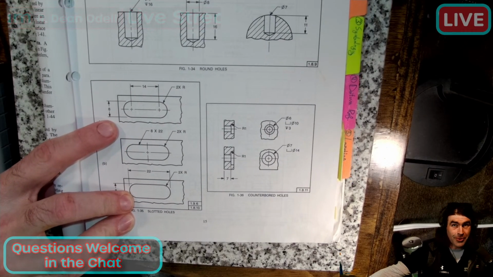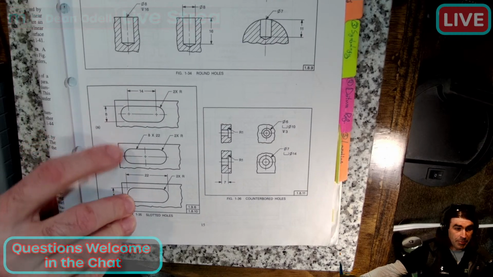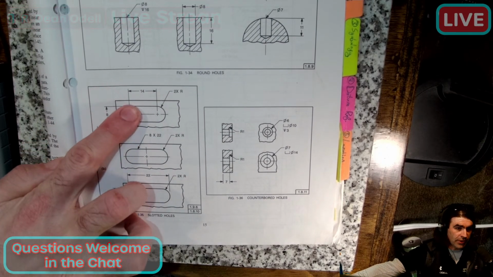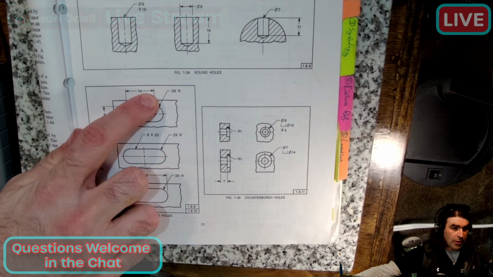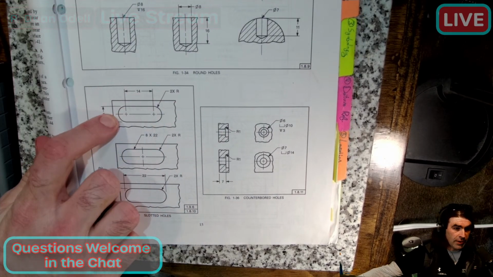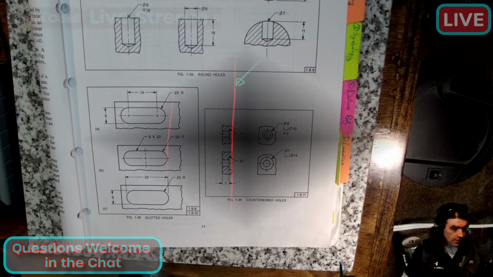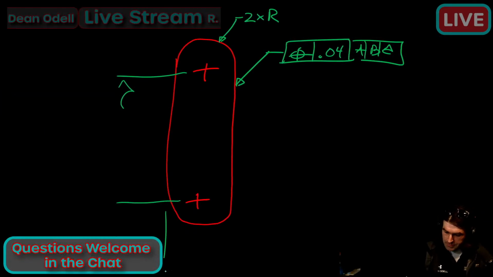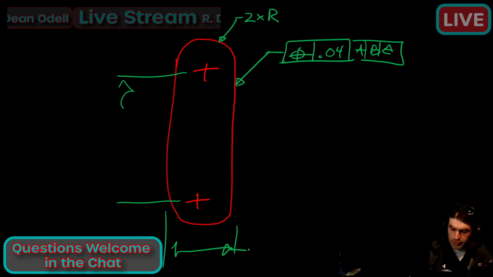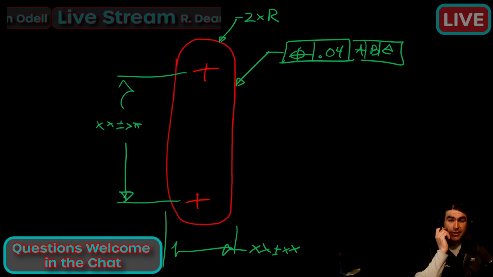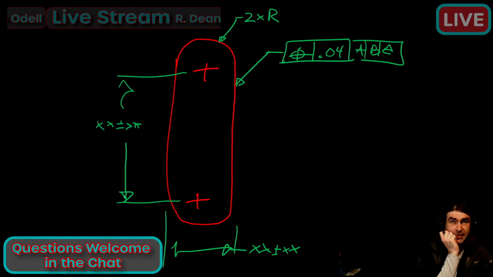Just like most of you, I don't remember everything all the time, but this is 1994 and I don't think it's changed at all. So I'm going to use this one: 2 times R, the distance between center points, and the width here. If we're using position, these are all going to be dimensions with a tolerance, and not basic.